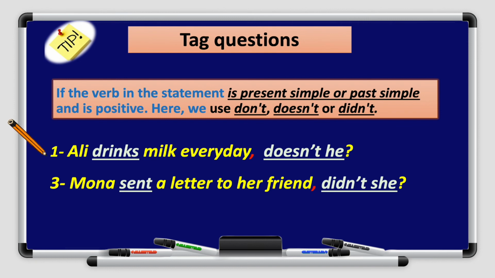What do you think here? Is there any helping verb or auxiliary verb? No. So you will check the tense of the verb and decide what you will choose. Drinks is in the present simple, so I will use doesn't he. In the second one, sent is in the past, so I will put didn't she.